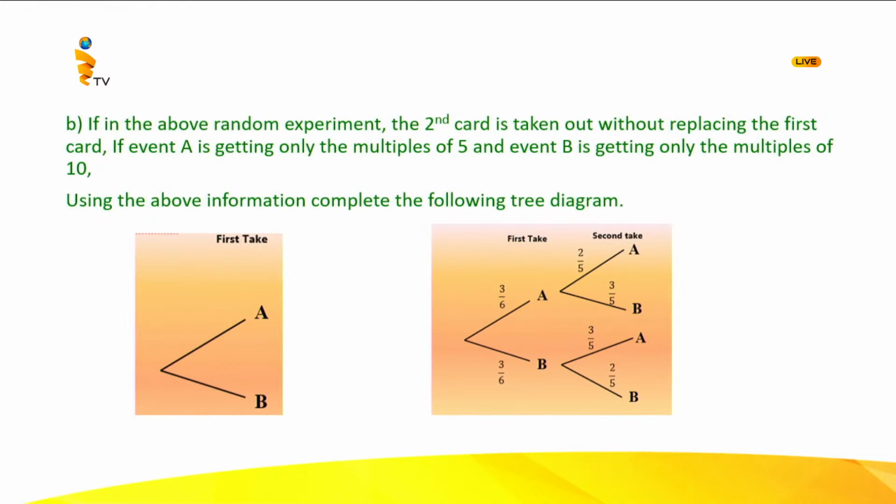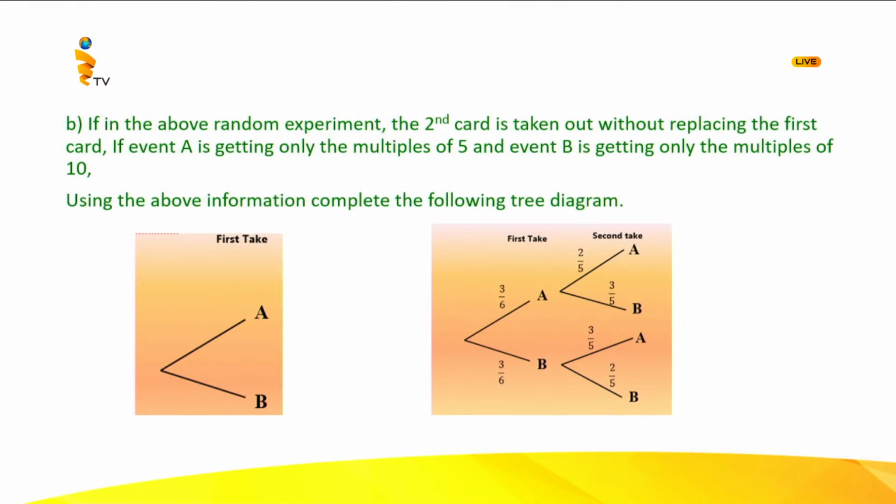Therefore, the probability of getting only a multiple of 5 in the second take is 2 over 5, and the probability of getting only a multiple of 10 is 3 over 5 if you take a multiple of 5 in the first take.